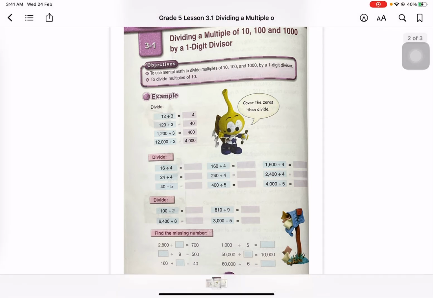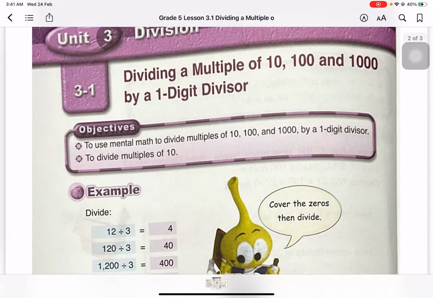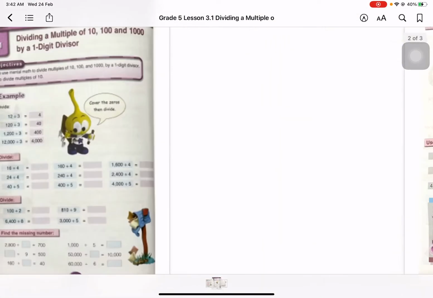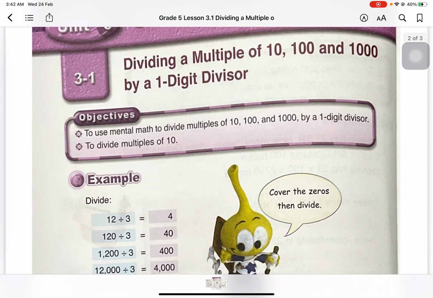The multiples of 100 are 100, 200, 300, 400, and for 1000 it's 1000, 2000, 3000, 4000, etc. So to use mental math to divide multiples of 10 and 100 and 1000 by one digit divisor, and the second objective for my lesson is to divide a multiple of 10.